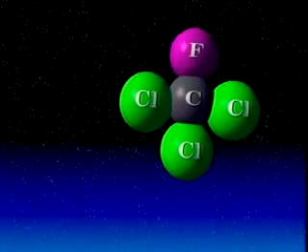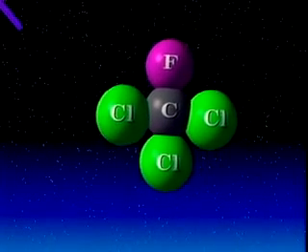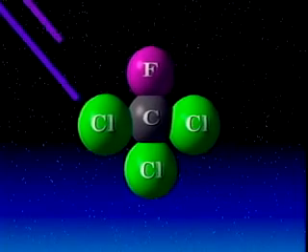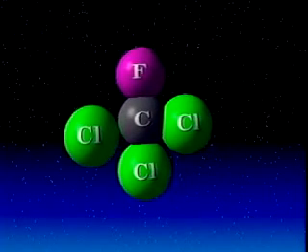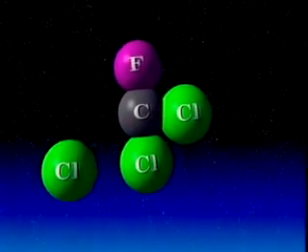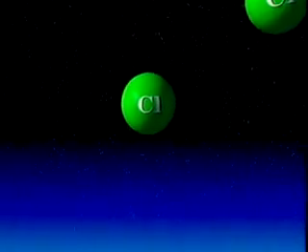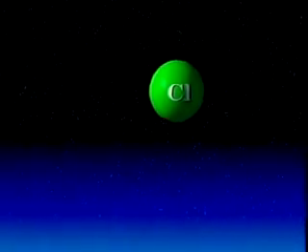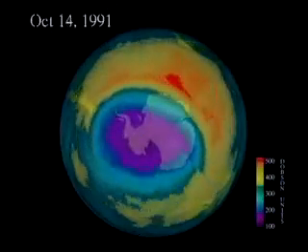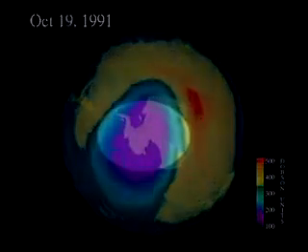In the upper stratosphere, the CFCs are broken apart by UV radiation, the first step in a chemical process that destroys ozone. The chlorine atoms are then freed from the CFC, and they can catalytically destroy ozone. Ozone depletion is occurring because the CFCs and other manufactured compounds are causing additional ozone destruction.